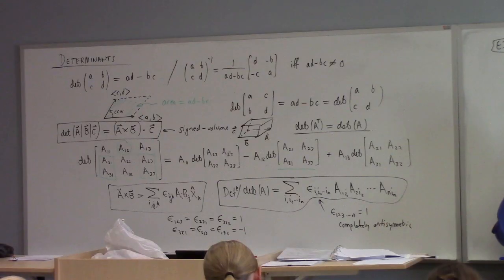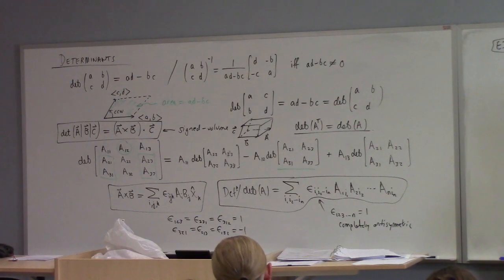All right, so this gives us 1 times the determinant of 2, 2, 4, 0, minus 2 times the determinant of 2, 2, 5, 0, plus 3 times the determinant of 2, 2, 5, 4.